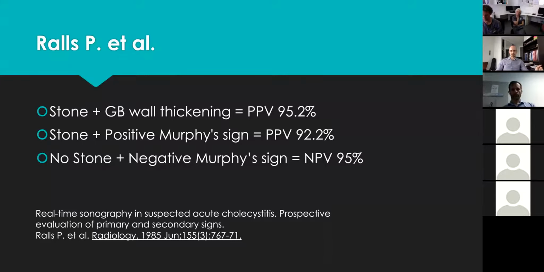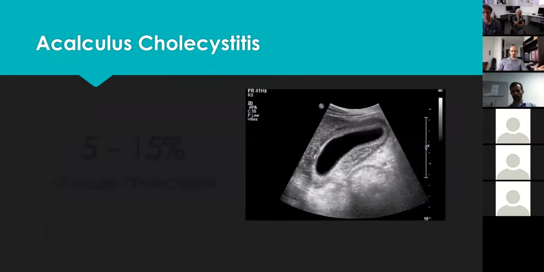Having said that, there is an entity called acalculous cholecystitis. So there are no gallstones, but you can still have cholecystitis with the whole features of gallbladder wall thickening and pericholecystic fluid, that you can see a little bit of there. And most likely tenderness with a positive Murphy sign.